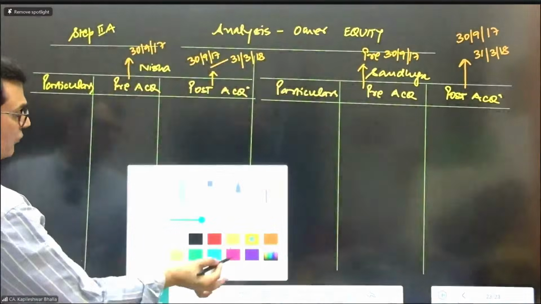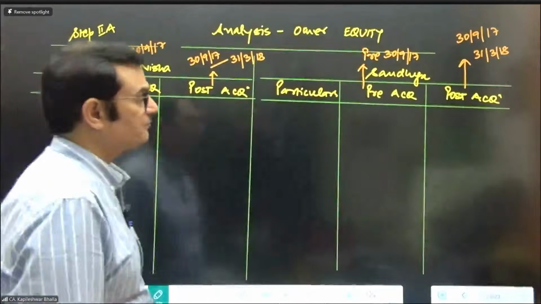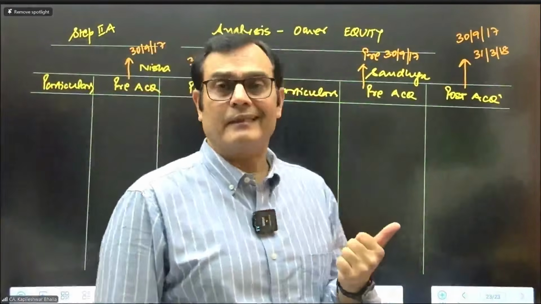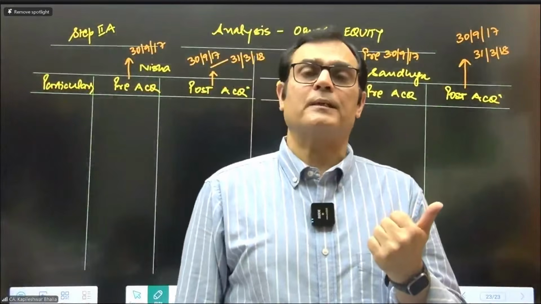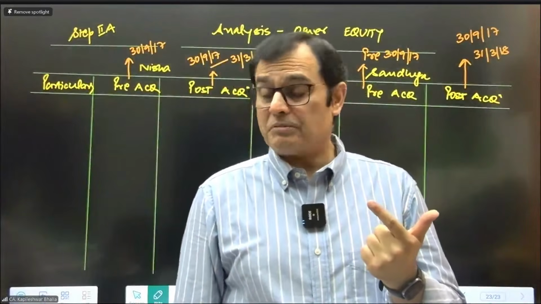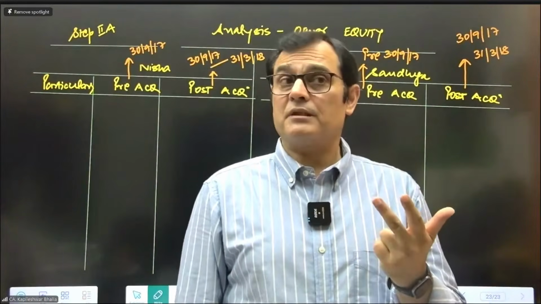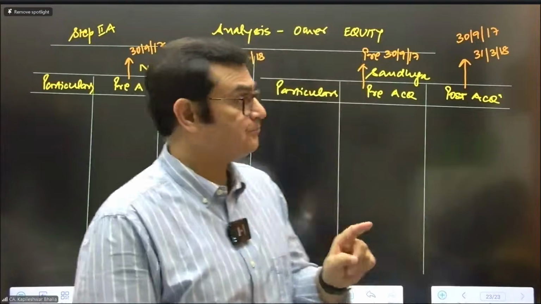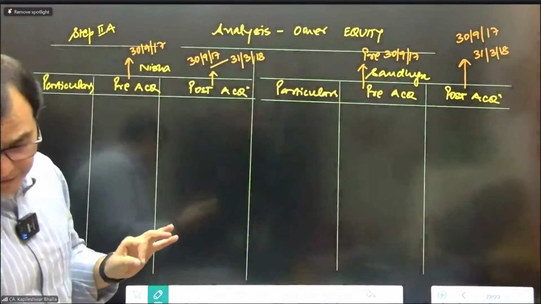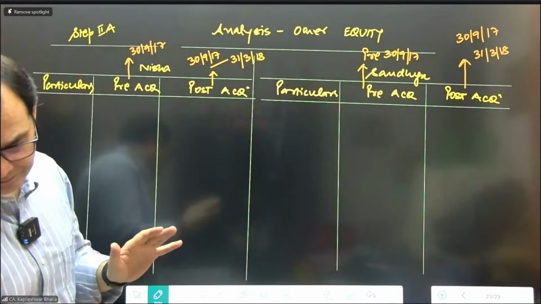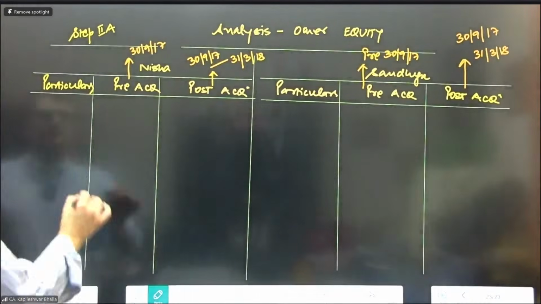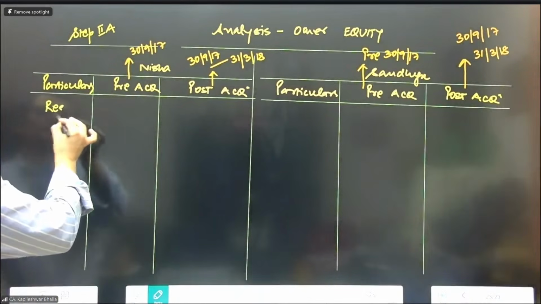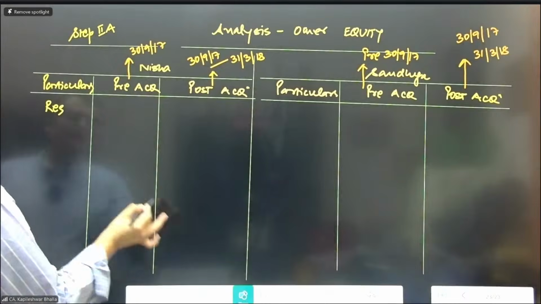Okay, now the same focus points which are there in the back of the mind, that you need to consider the analysis, other equity of the subsidiary, fair value adjustments, not given in the question, stock reserve, it is upstream, so we need to be careful out here. So let's begin the analysis in terms of Nisha. So Nisha has got a reserve, and let's make a timeline.